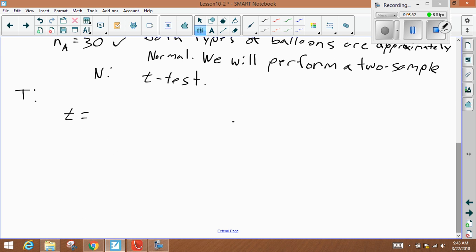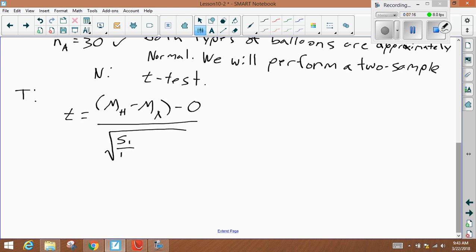So actually, since I haven't written the formula down, I'm gonna write it for you. So we're gonna go mu sub h minus mu sub a minus 0 divided by the square root of s1 squared over n sub h plus s2 squared over n sub a.